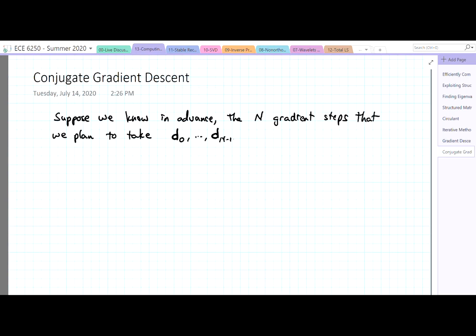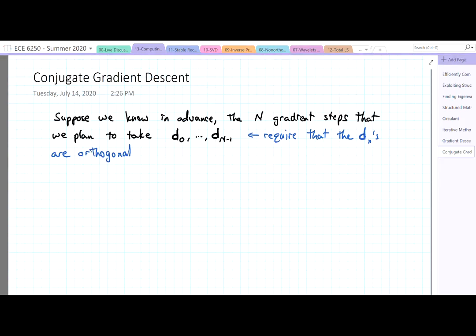And let's further require that each step is orthogonal to all the others. Okay, in this case, they're not necessarily normalized, because we may take steps of different lengths.